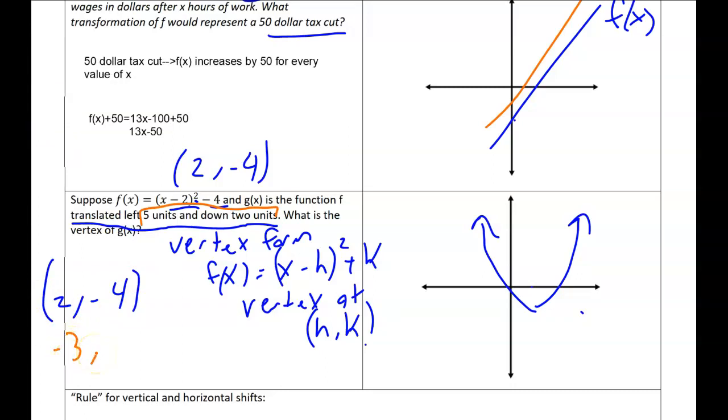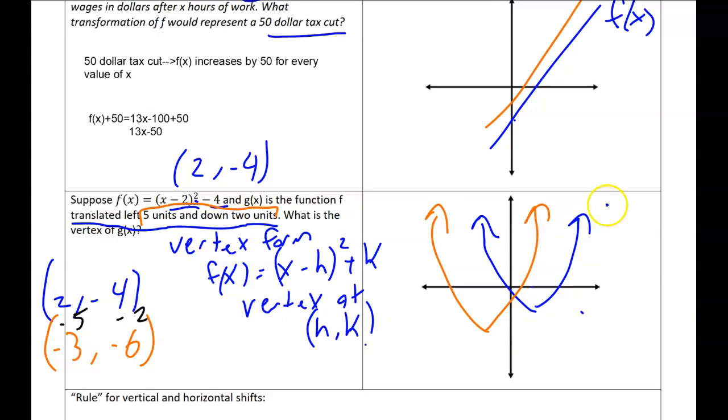And then down 2 would be down another 2, which would be negative 6, right? So what I did there is I did plus negative 5, and I did minus 2. Okay, so negative 3 comma negative 6 would be, I don't know, down here somewhere, and that is a transformation.